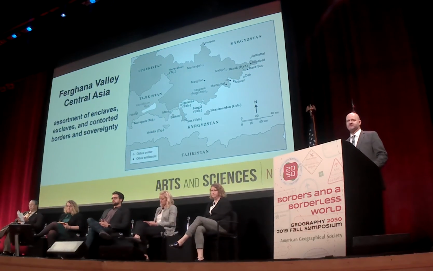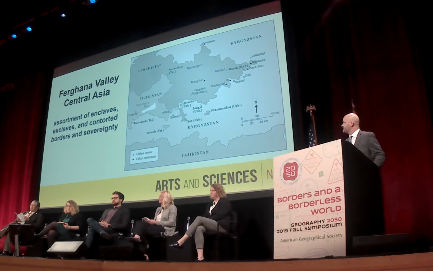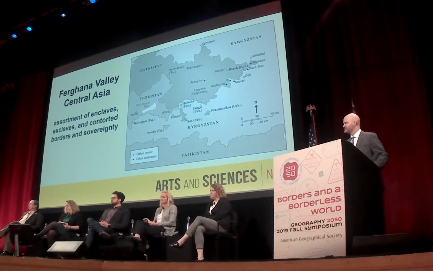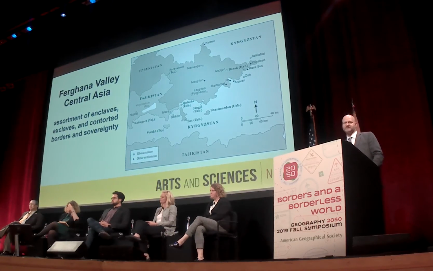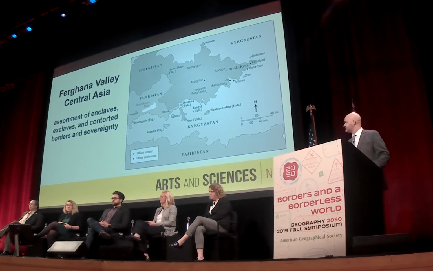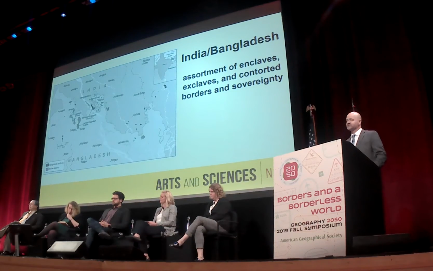Well, we could look at Central Asia, the intersections between Kyrgyzstan, Tajikistan, and Uzbekistan, where we have some contorted shapes, contorted sovereignties, and an archipelago of exclaves and enclaves that would strike many casual observers as unusual, as strange, as political oddities. We have a similar situation along the borders between India and Bangladesh.